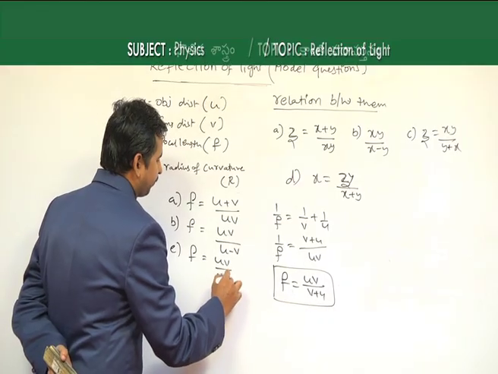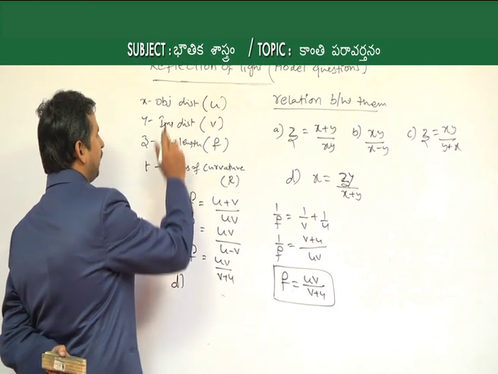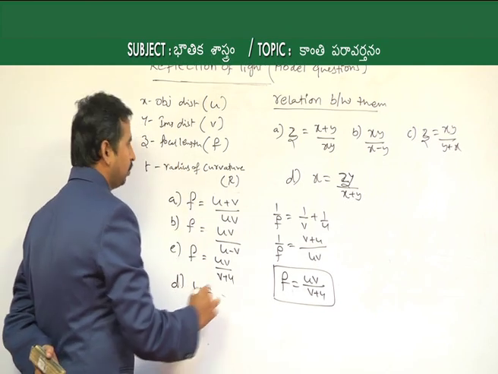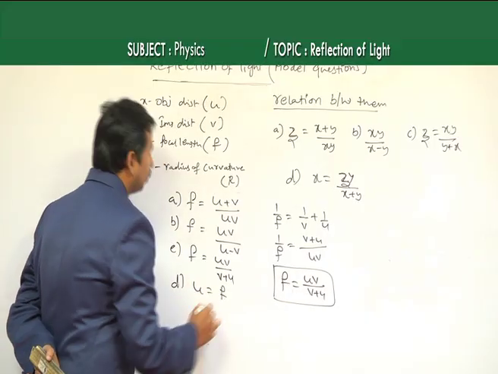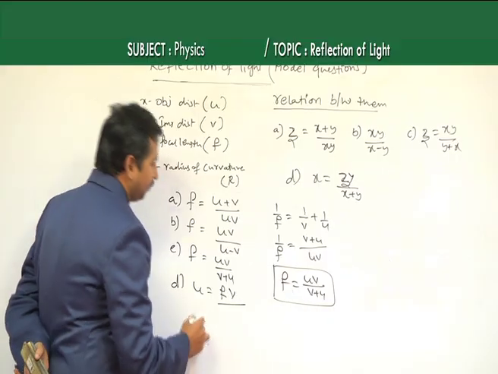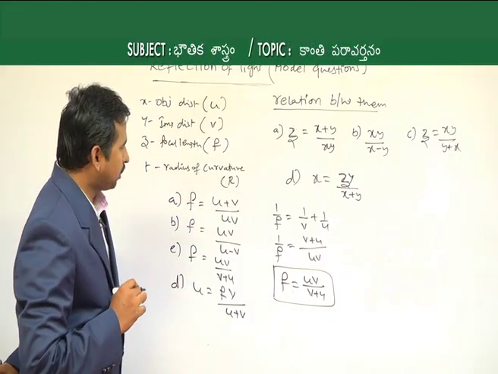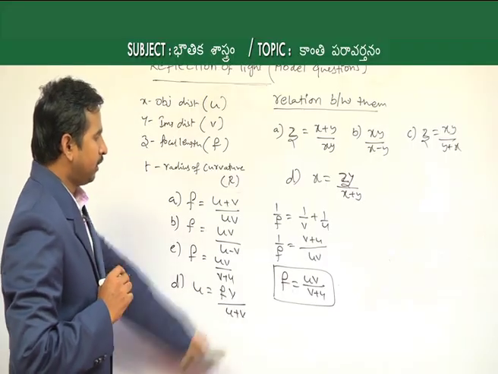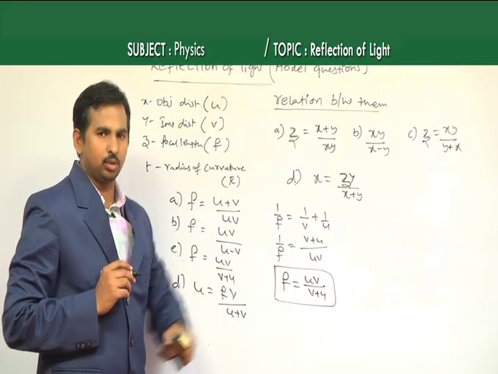And option d, x is equal to zy by (x plus y), where x is the object distance u, which is f into y, that is fv by (v plus u). So, these are our given options, but the actual relation is f is equal to uv by (v plus u).